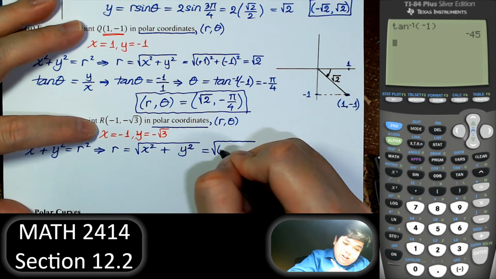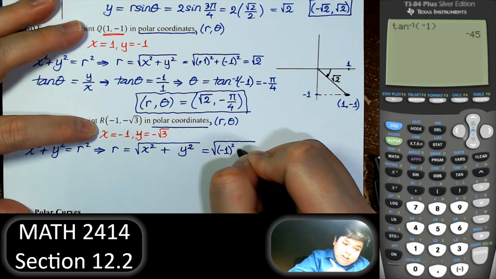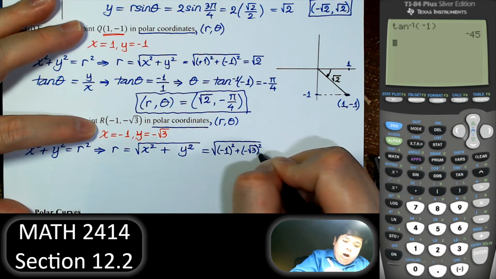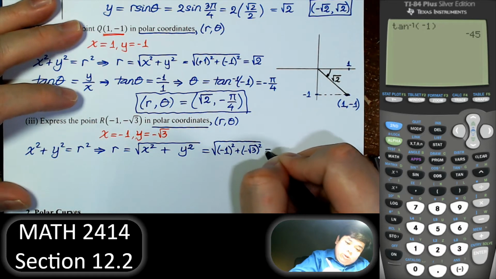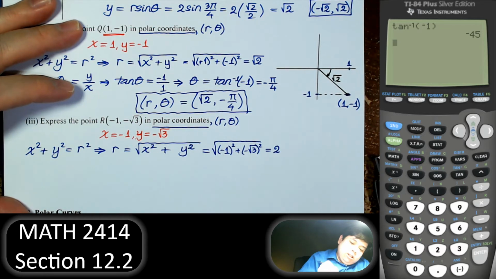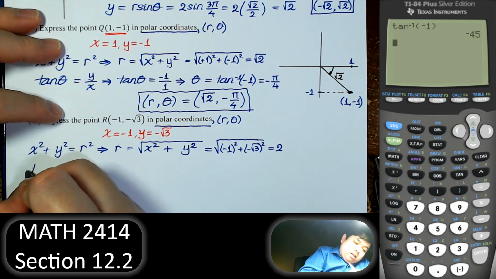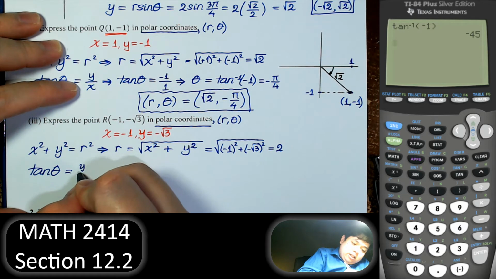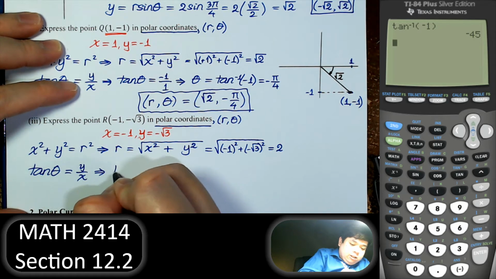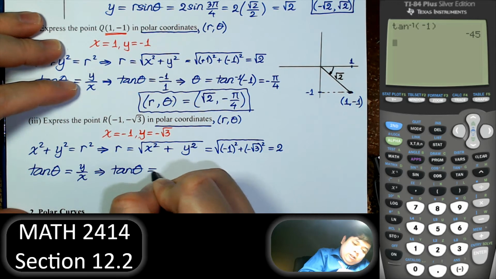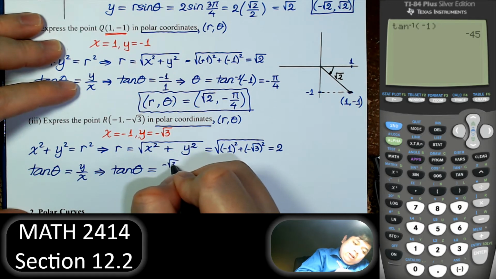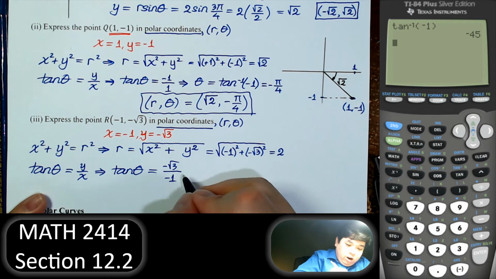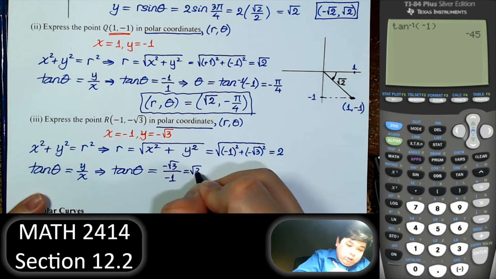X is negative 1, squared; negative square root of 3, squared. 1 plus 3 is 4, square root of 4 is 2. And then the tangent of theta is y over x, which is negative square root of 3 over negative 1, which is just square root of 3.